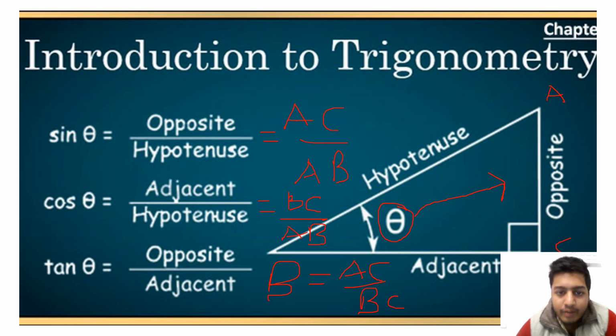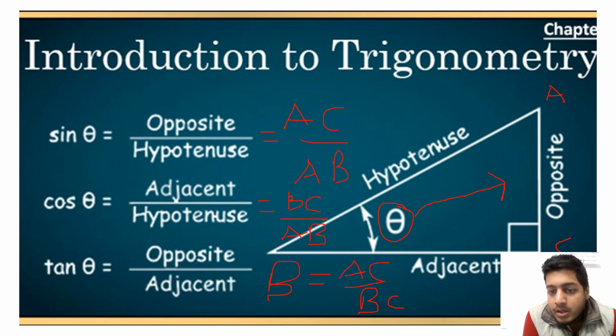So these are the important functions of trigonometry, which need to be remembered. And the one thing that should be noted over here is that the side that will be opposite to the angle will act as the perpendicular for that particular angle, and the side which is shorter than the hypotenuse and adjacent to the angle theta will act as its base.